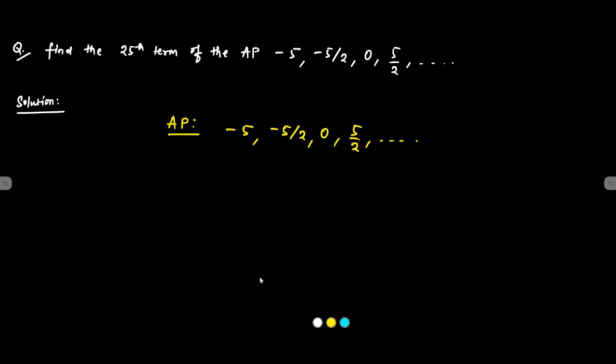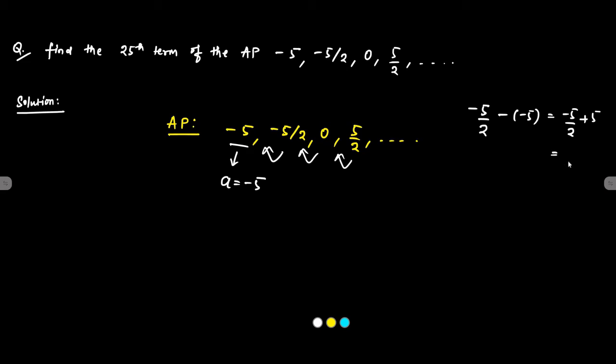To find out any particular term using the nth term general formula, first we need the first term A. In this case it is equal to minus 5. Then the difference between the successive terms. So first, minus 5 by 2 minus (minus 5), which is equal to minus 5 by 2 plus 5.